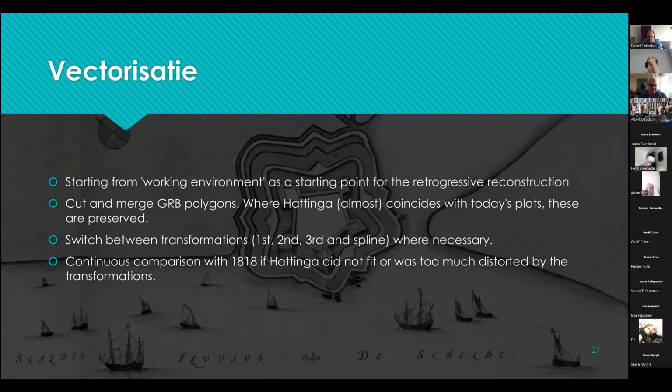Because if you have a map, what's the third dimension? Is this a small house? Is this a high house? Is this a storage room? Is this a garden? If you just have a parcel drawn there, what is it? So that's basically the kind of information that we have tried to extract.